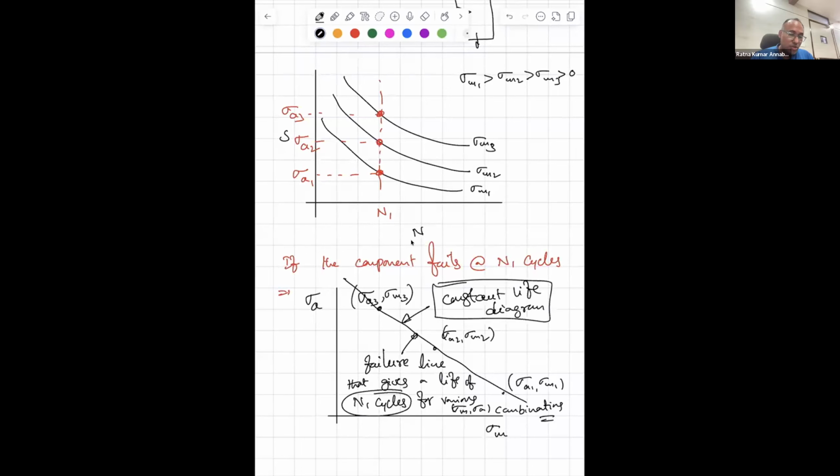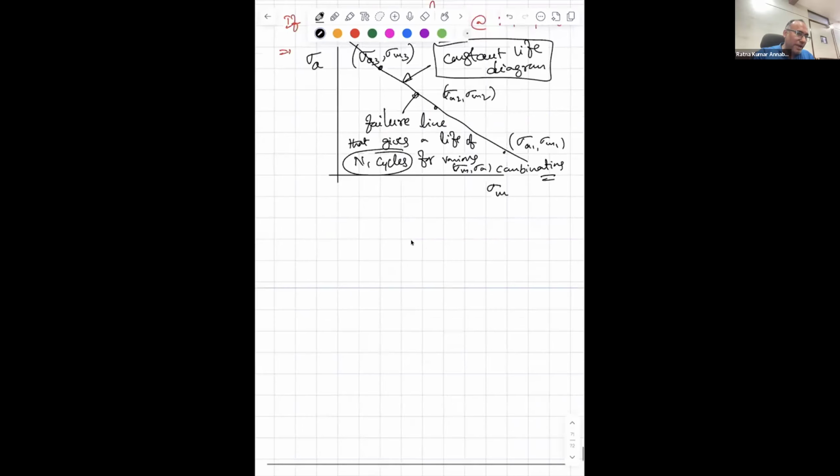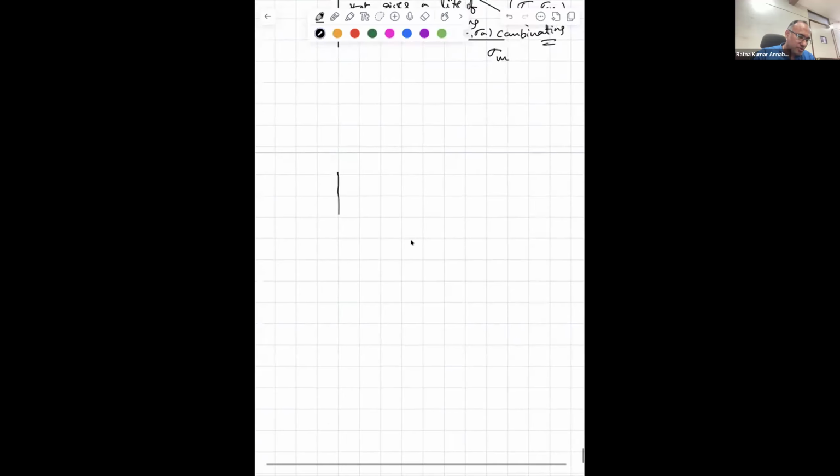Okay. So now I am going a little ahead of that. Let us say this is sigma m, sigma A. You have taken any 3 points, and I draw a line connecting those 3 points, assuming that they fall exactly on the same straight line, it need not be, but for the sake of argument.